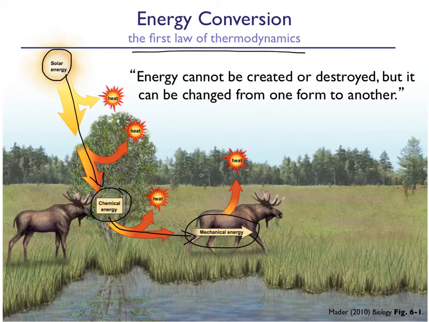This process is not 100% efficient, but we don't lose any energy in the process. Along the way, some of that energy is converted to heat. So not all of solar energy is completely converted to chemical energy, but some is basically lost as heat. But it's not destroyed. It's just converted to both chemical energy and heat or mechanical energy and heat. All right?